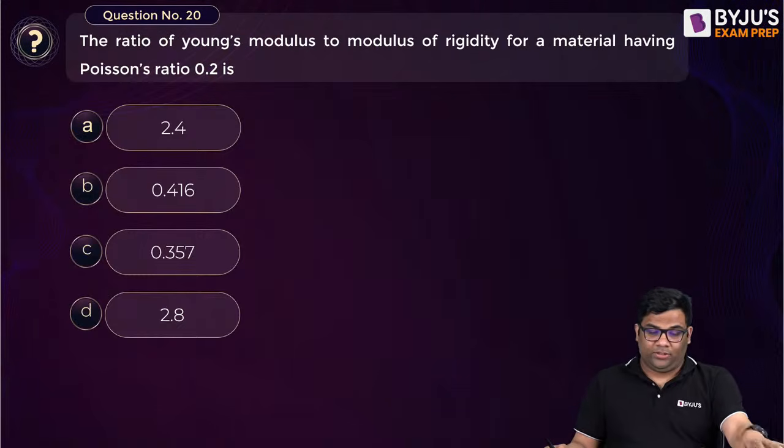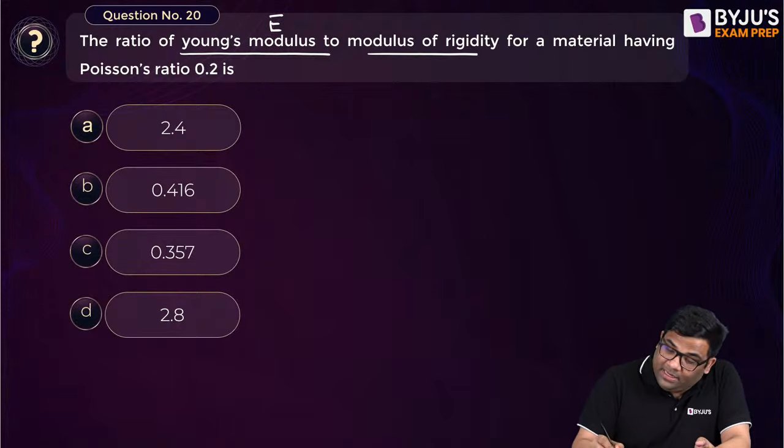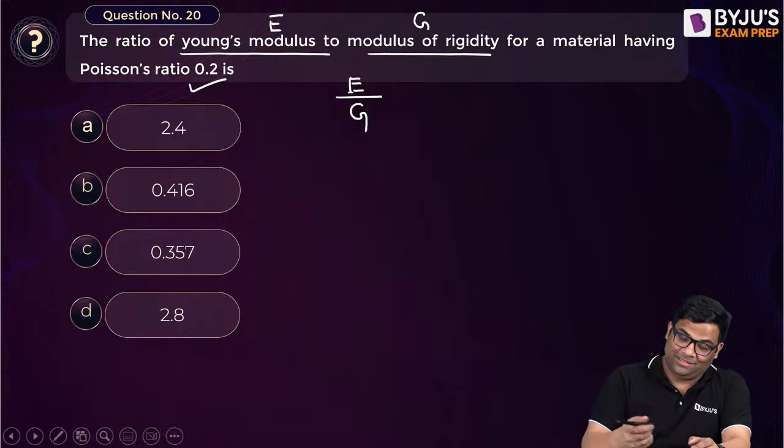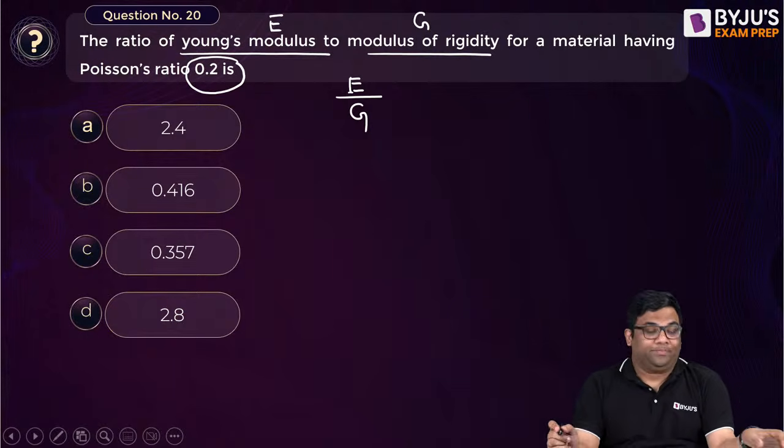Okay. Next question. Question number 20. The ratio of Young's modulus. Again you see similar questions getting repeated. E by G is given. You have to find out E by G when the Poisson's ratio is given. Very straightforward. Find the answer to this.